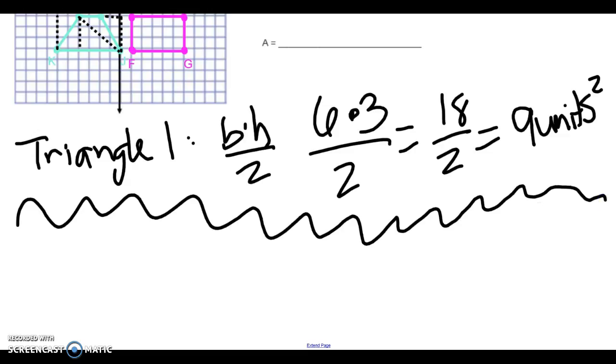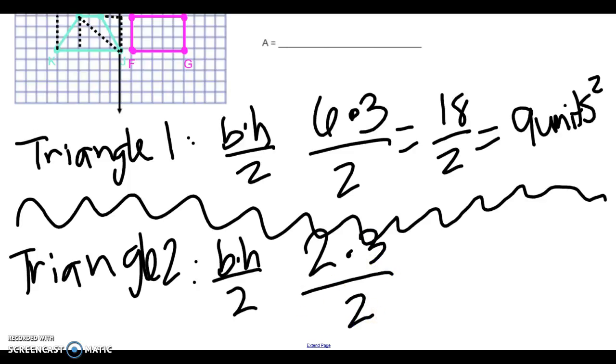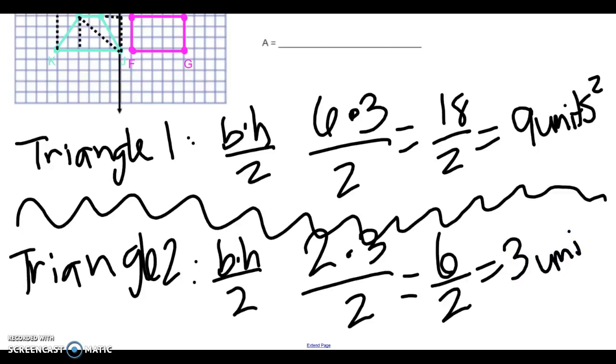We're not done, because we only found the area of a part of the trapezoid. So for triangle 2, we're going to do the same thing: base times height divided by 2. Our base in this case is going to be 2 units, and our height is still 3. We divide 6 by 2, which ends up getting us 3 units squared. But we're not done yet, because we only found the area of triangle 1 and the area of triangle 2.